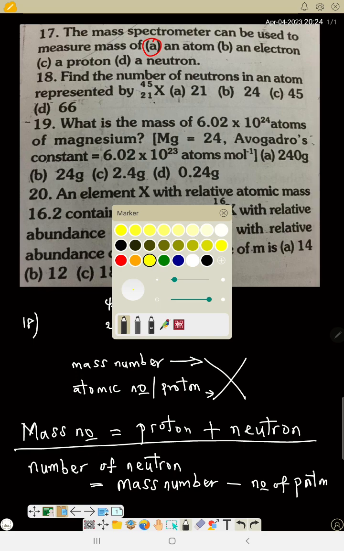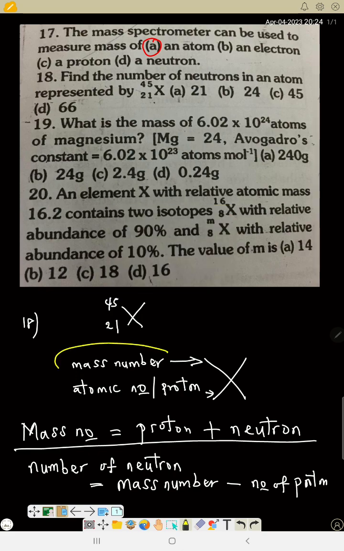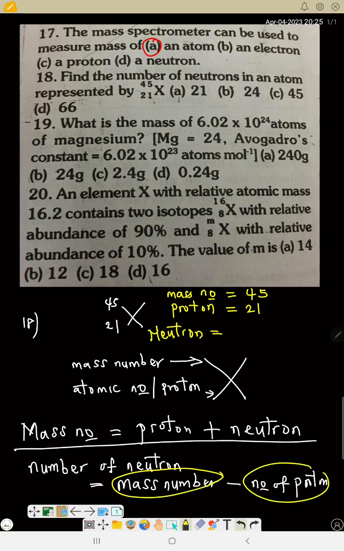Now based on what you have here, any number here is the mass number. The number of proton or atomic number is 21. So mass number is 45, number of proton is 21. So according to this formula, neutron is equals to mass number minus number of proton.